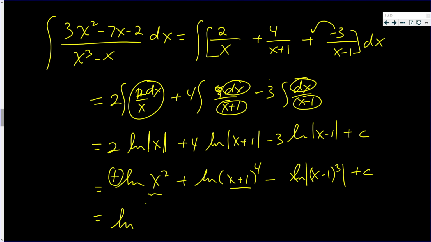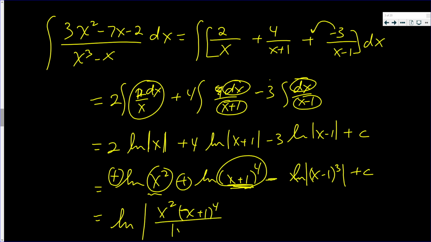I can write this with 1 ln. This is an understood plus, so what I'm taking ln of goes on the numerator. Plus, what I'm taking ln of goes on the numerator, times x plus 1 to the 4th. Minus, what I'm taking ln of goes into the denominator.